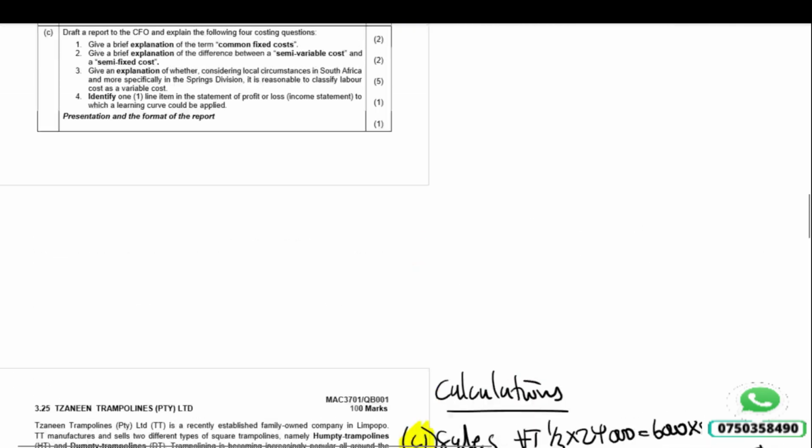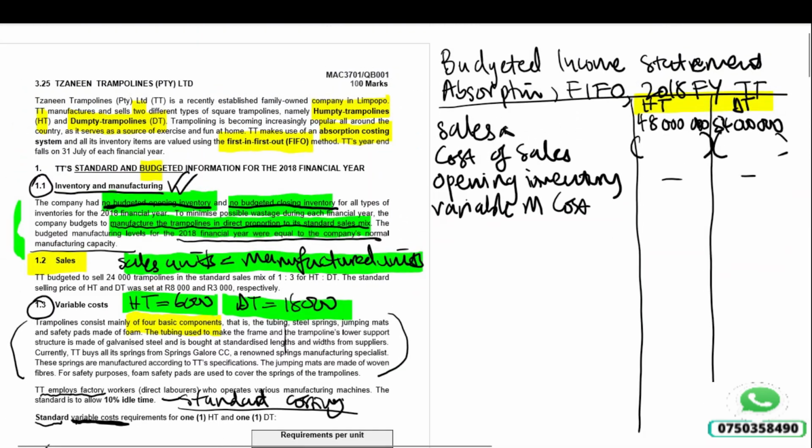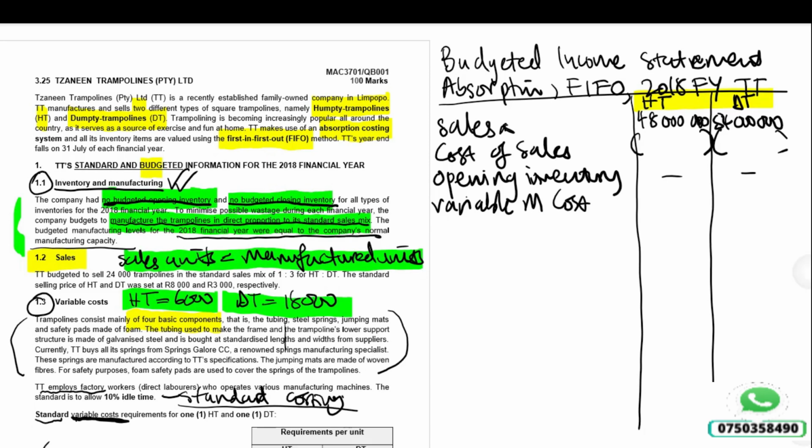So we need to transfer these amounts to our statement now. Here I have 31,950, and then here I have 35,730.